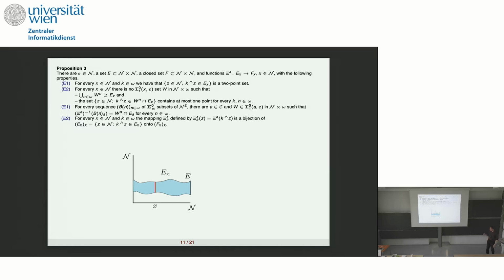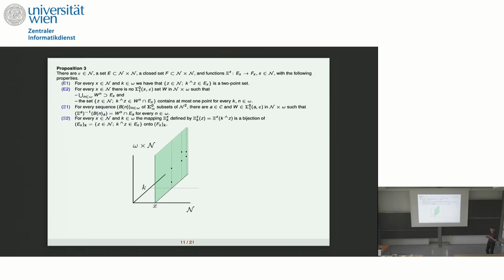So here we have just the copy of the proposition 3, and on one side we have this set E in the product, and if I take K here, it means that I interpret N as omega times N, and I require that these sections here, so here we have just omega, and so here we have just 2-point sets.